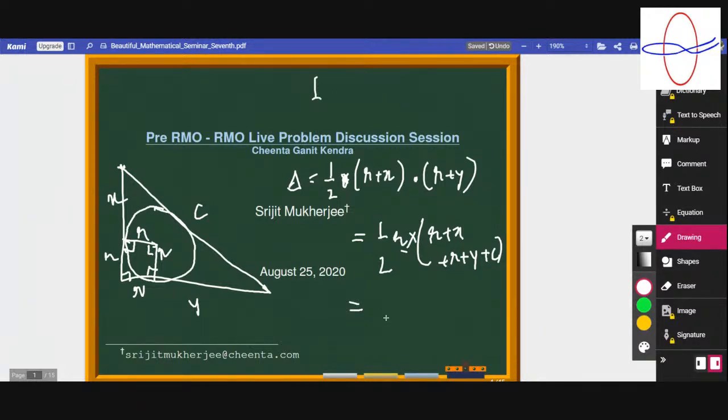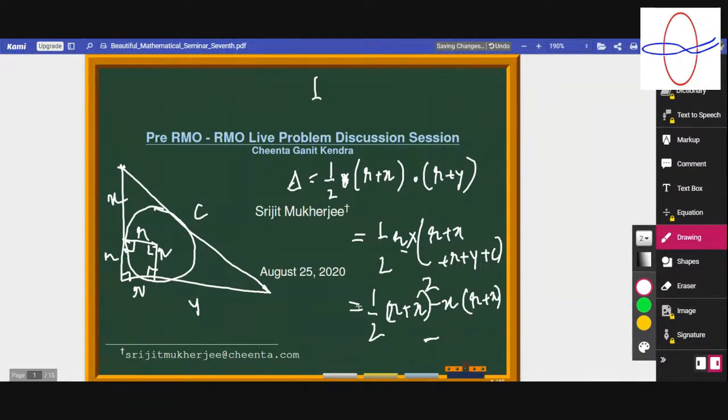Let's try to get R plus X somehow on the right hand side. So you get R plus X minus X, so you get R plus X whole square into R plus X minus X.